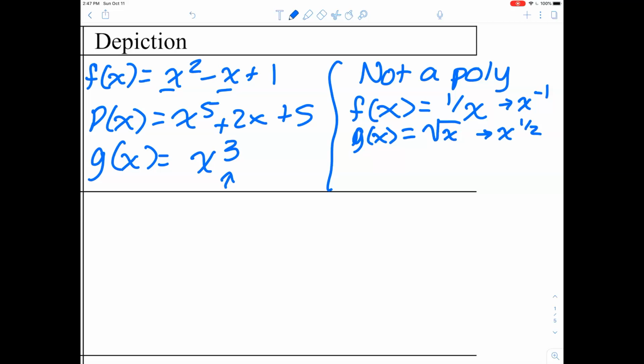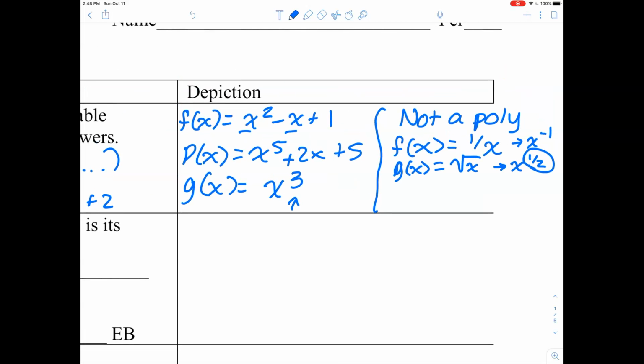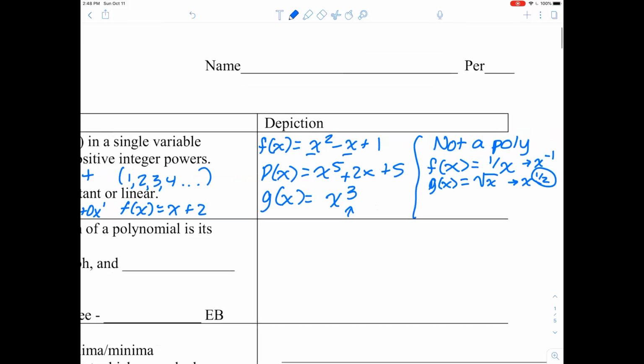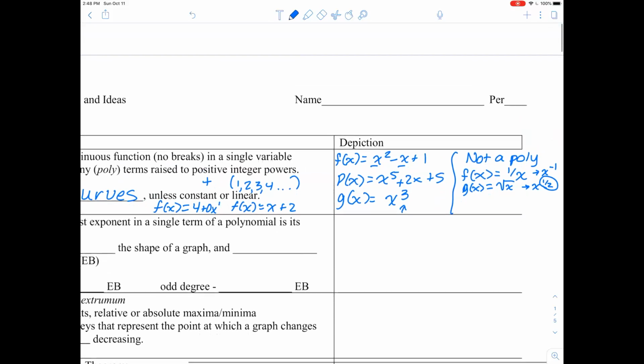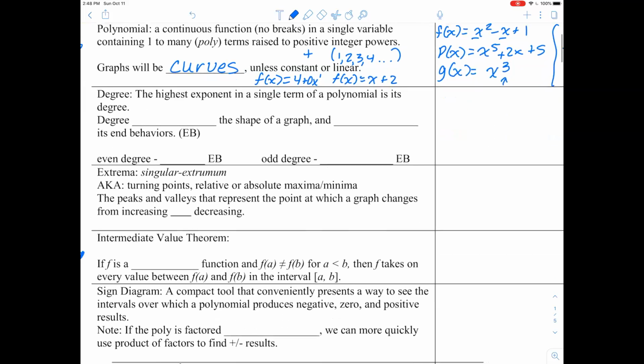So g of x equals the square root of x, or g of x equals x to the 1/2. These are not polynomials because 1/2 is also not a positive integer exponent or power. So that's how you know the difference between a polynomial and a non-polynomial function.